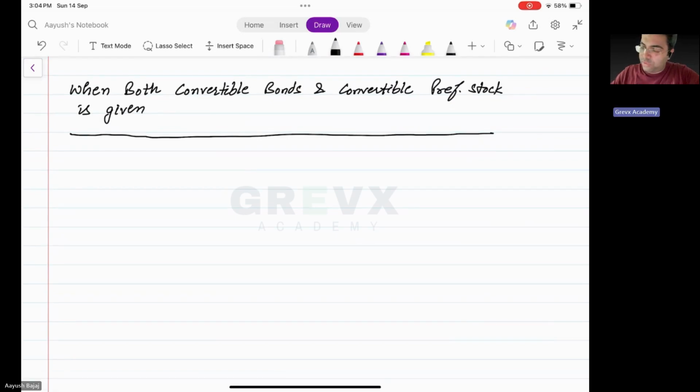We are going to follow the steps. Also, this is not given in your book. Make sure that you are doing this. This is a hack to do this question in the correct manner.